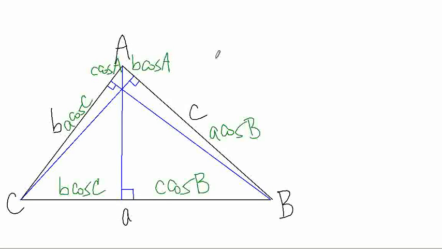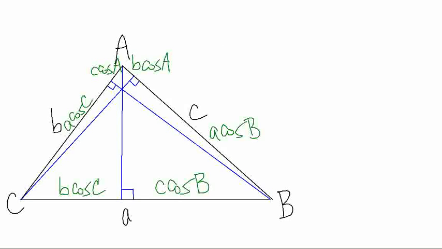All right, so those green lengths are the lengths of the two pieces, and each of those pairs adds up to A, B, or C.